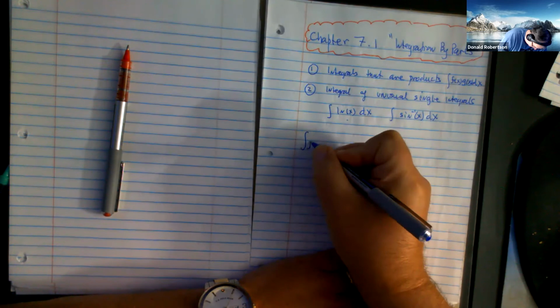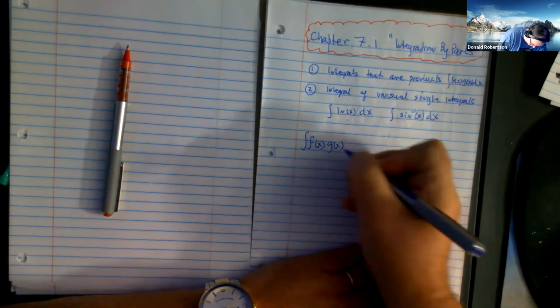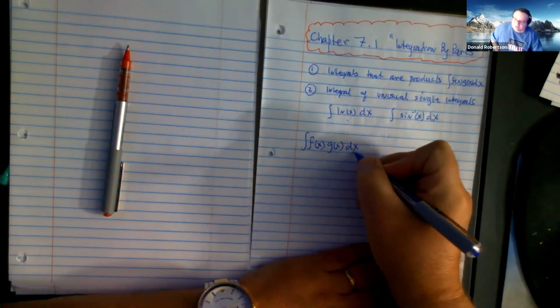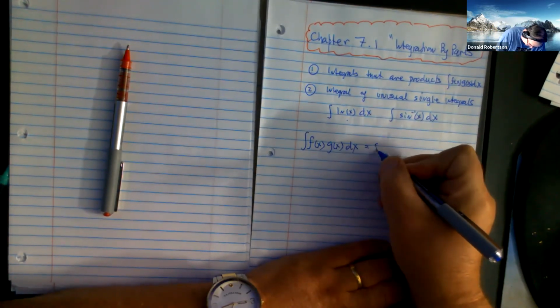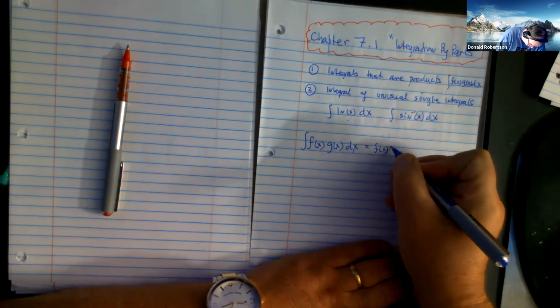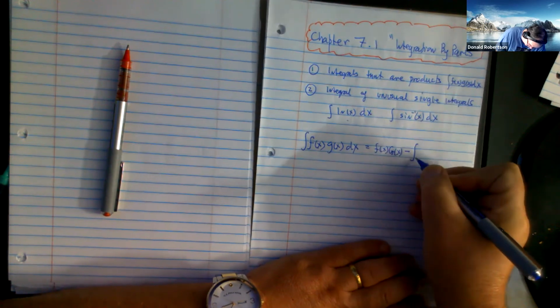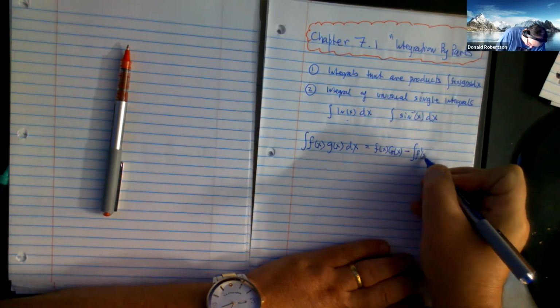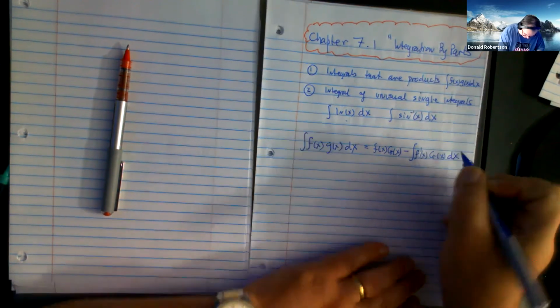The integral of f of x, g of x, dx, the integral of that product is f of x, capital G of x, take away the integral of f dashed of x, capital G of x, dx.